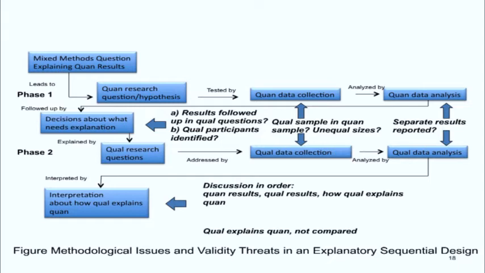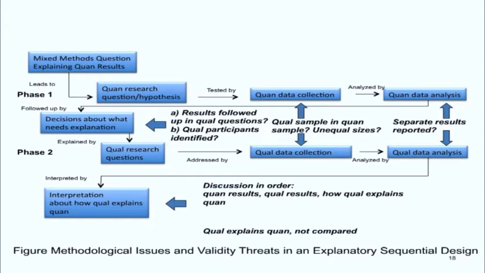So one challenge is, once you've got the quantitative data analyzed, you have your statistical results, what results do you follow up on? And thinking through the possibilities of what results need further explanation. That's a challenge. And then also, what qualitative participants can help you provide more information about those results, help explain those results. So the sample size is another issue in this design.